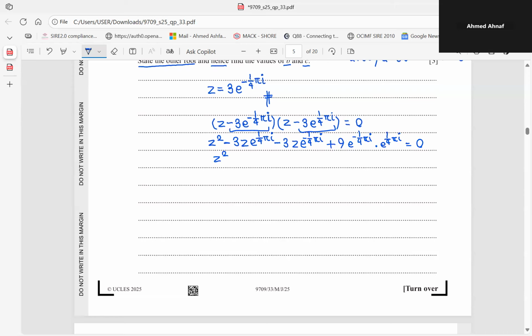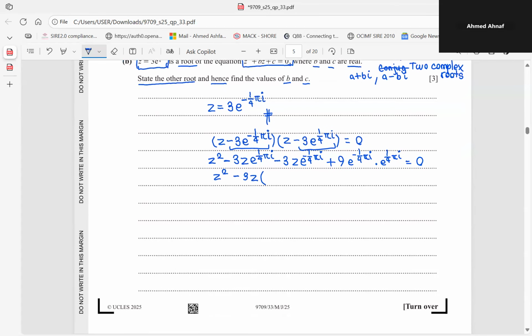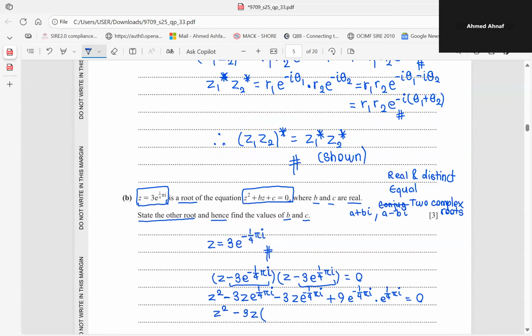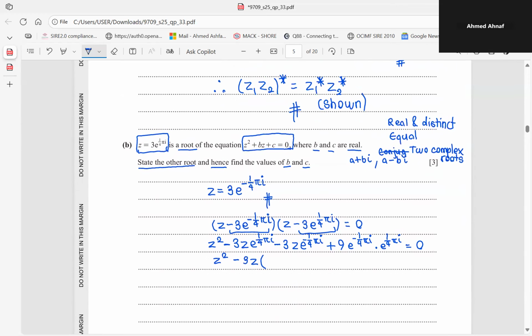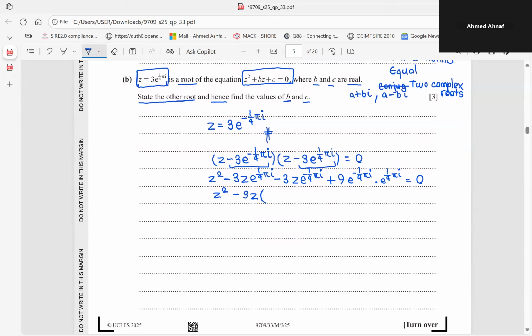Okay, so this is z squared. This equals to minus 3z. You can factor out this, okay? So e to the power of 1 over 4 pi i plus e to the negative pi over 4 i.